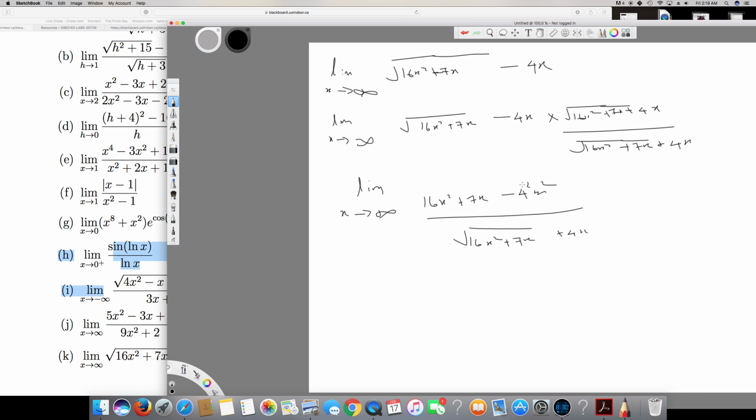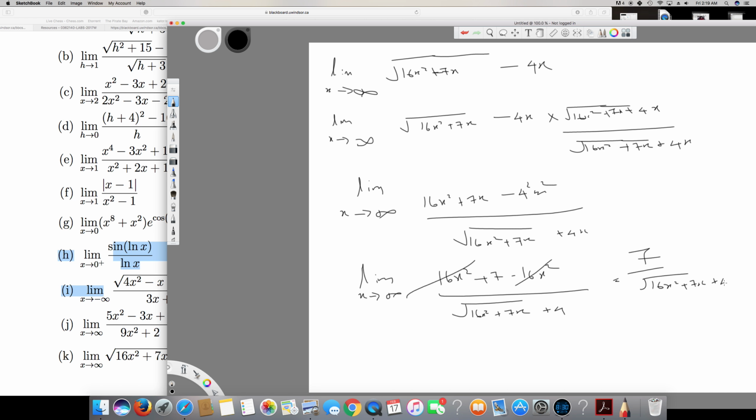So let's see now. Now what I got is 16x square plus 7x minus 16x square, right, over square root of 16x square plus 7x plus 4x. So 16x square cancels, and the remaining thing is 7x over square root of 16x square plus 7x plus 4.